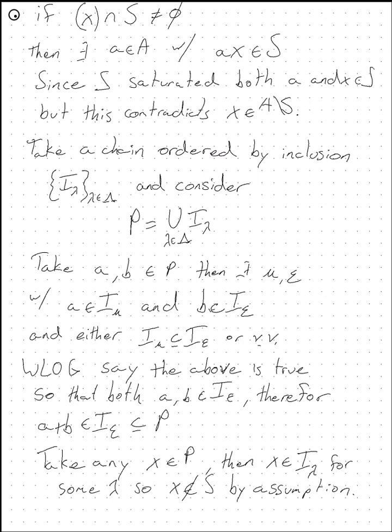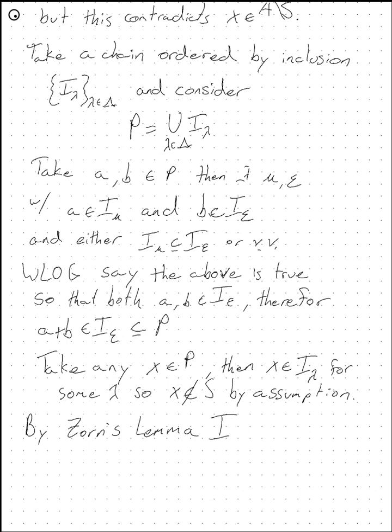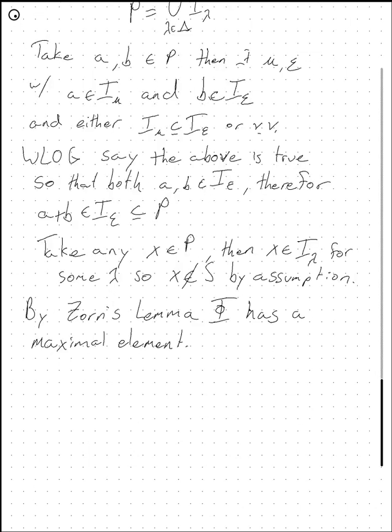Therefore, P and S are disjoint. Okay, now we satisfy the two conditions of Zorn's lemma. We can apply it. We get that phi has an upper bound, or has a maximal element by Zorn's lemma. Phi has a maximal element. All right? Okay.